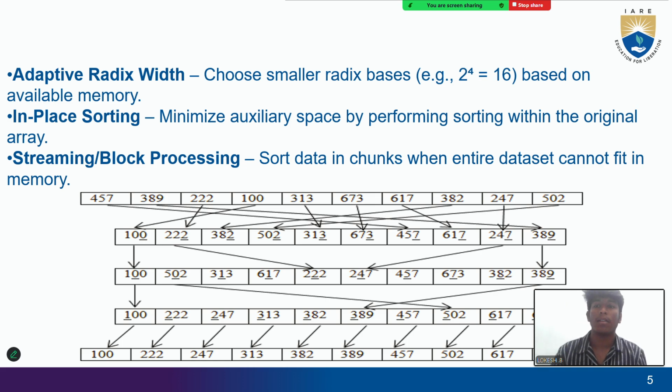And there is block processing in this: sort data in chunks when the entire data set cannot fit in the memory. It blocks some digits for a certain time, and then releases them. This streaming process is known as block processing.